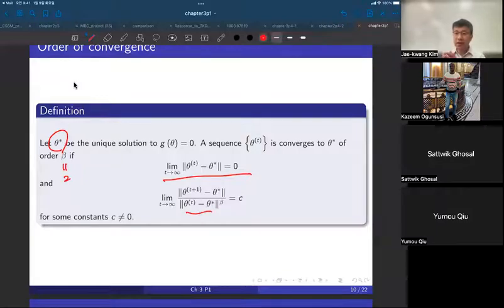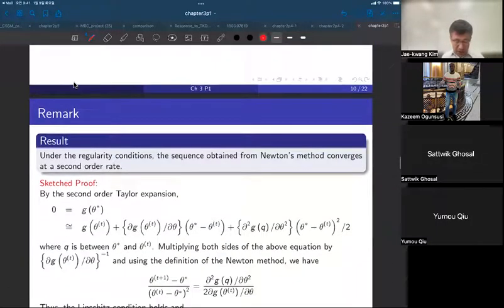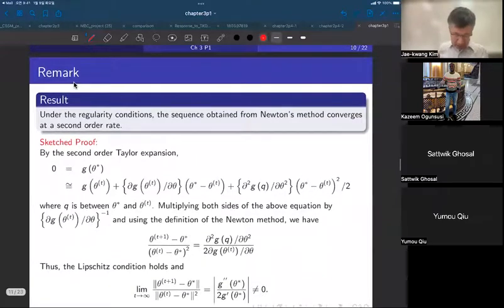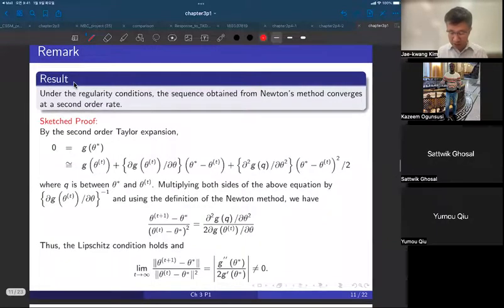So then square, right? If the radius is less than 1, the square of the radius is smaller. So that is basically the concept. Under regularity conditions, the sequence obtained from Newton's method converges at the second order rate. There's some proof. I think we can just accept it. If you're interested, you can take a look, but that's not really the focus of our class. So we'll just accept it.